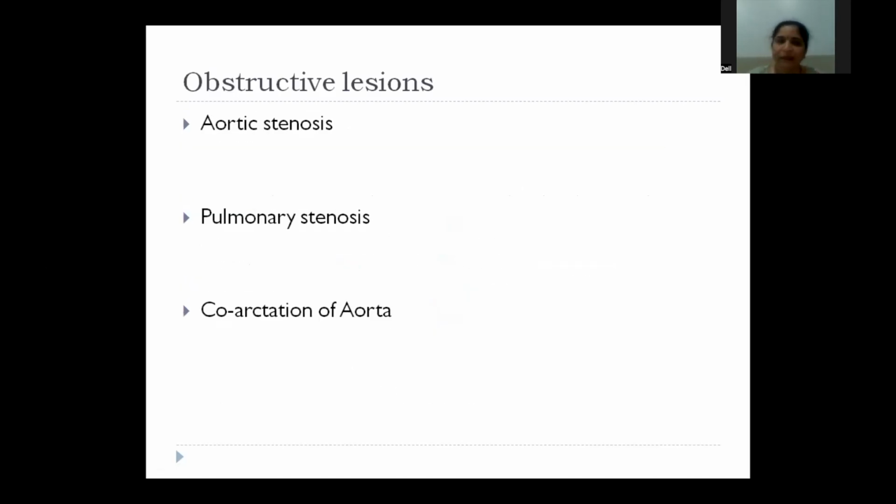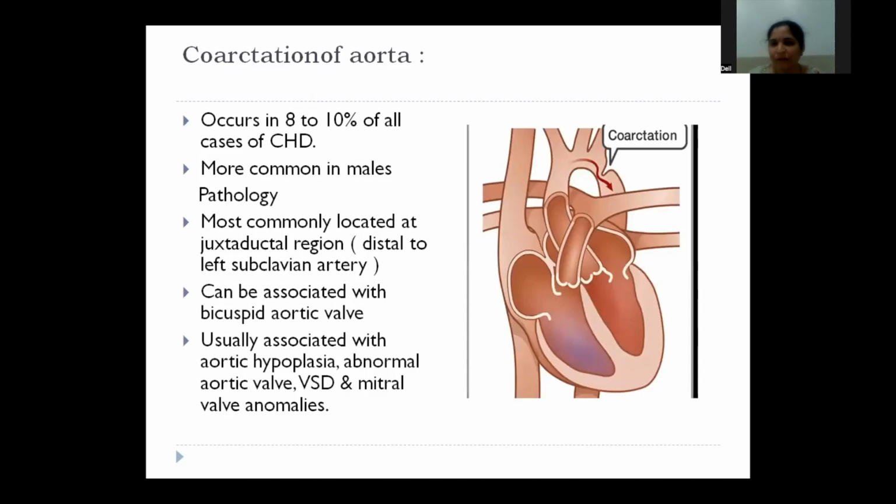Obstructive lesions again: aortic stenosis, pulmonary stenosis, and coarctation of aorta. Of these, the incidence of aortic and pulmonary stenosis is 1 to 2%, while the incidence of coarctation of aorta is a little higher, but still, if the coarctation is not very severe, they present in late childhood and even till adult age.